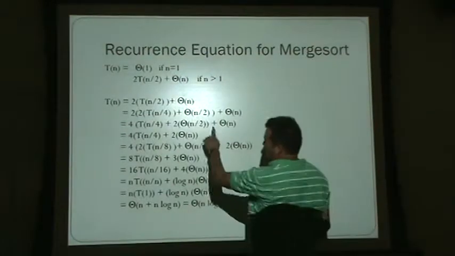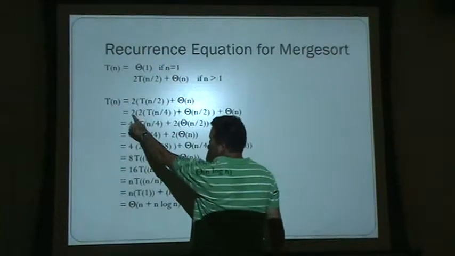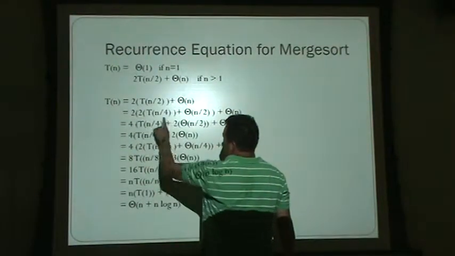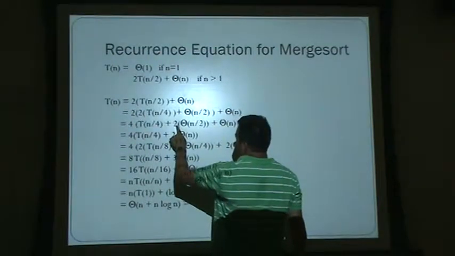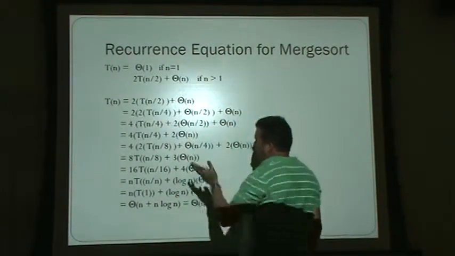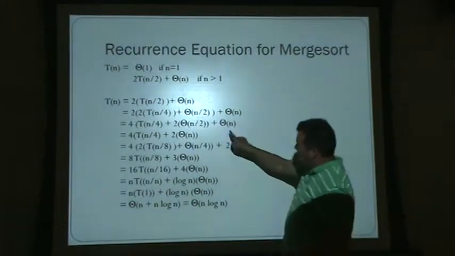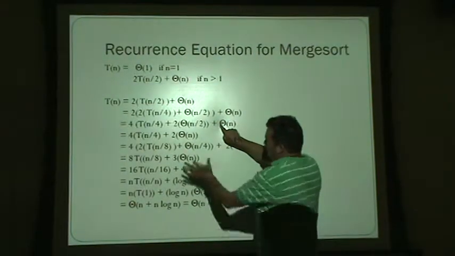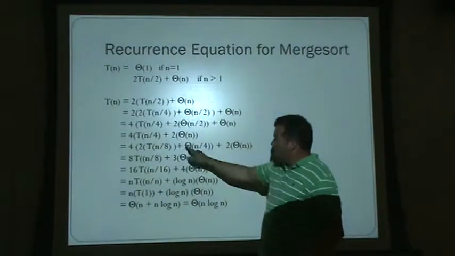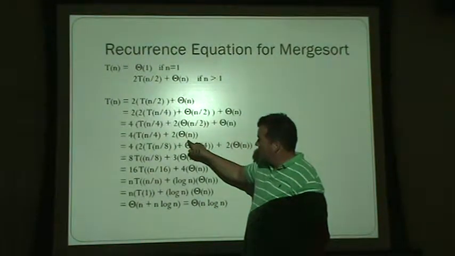Now we could take this equation and clean it up a little bit. 2 times 2 becomes a 4. This 2 gets put over here. 2 times an order n over 2 algorithm is really like 1 order n algorithm. So this cleanup step plus the 2 half cleanup steps from the previous level is like 2 cleanup steps.